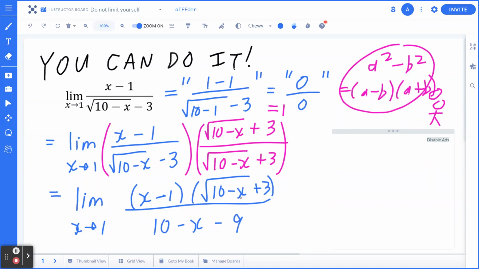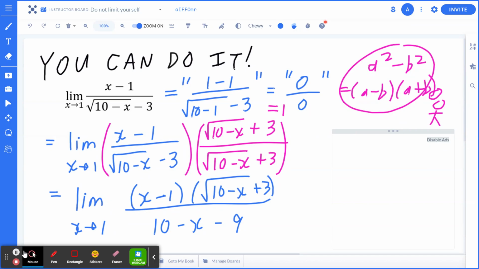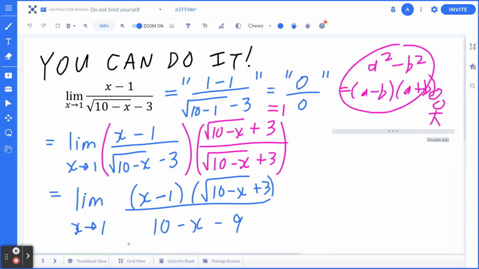Now, on the following page, we're going to continue this. And the key concept is when you cross something out from the top and the bottom, you're one step away from getting full marks. So here we go. Let's move on to the next page.